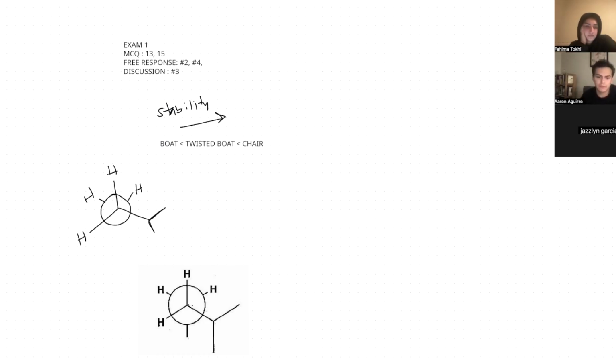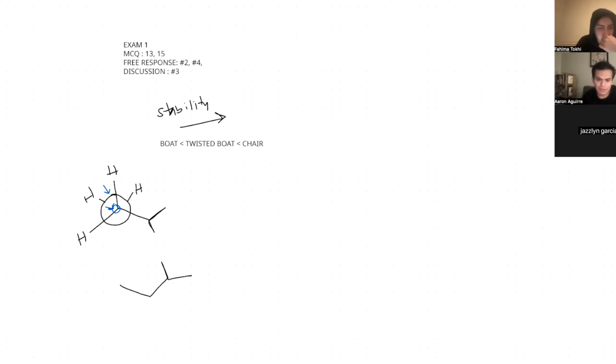Just remember that this is one carbon right there, and this is your back carbon, which just means there's a methyl group back there because there are three H's. I think that's literally the structure, right?